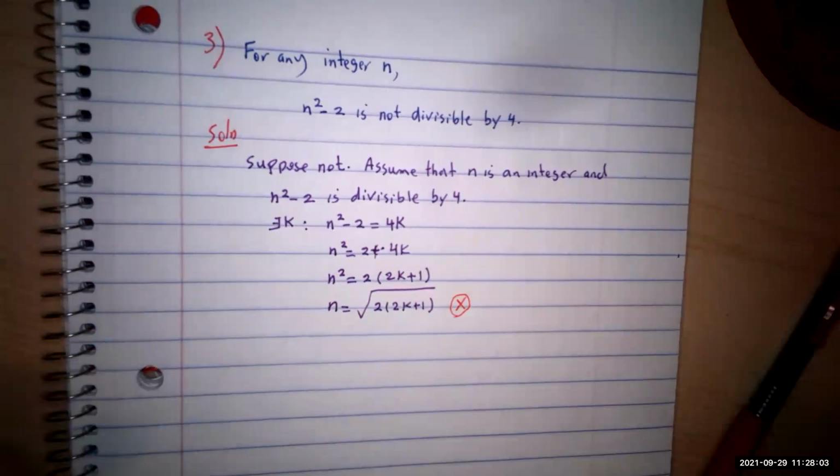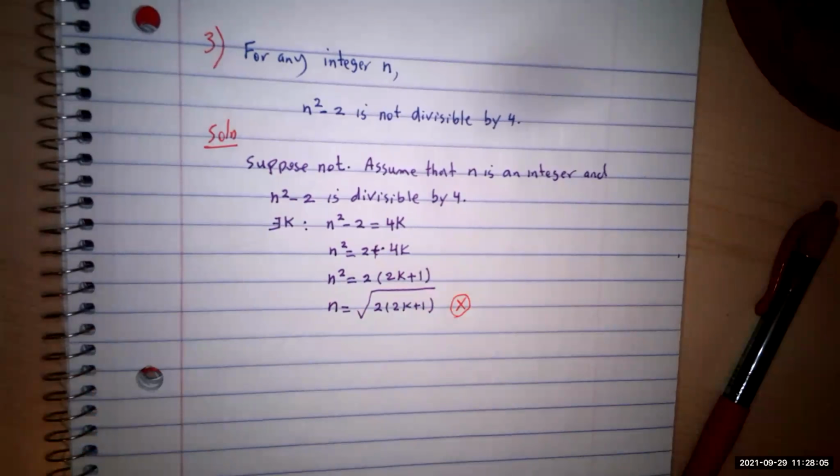Any suggestion why it's a contradiction? Remember, k is an integer. It's because it's not an integer, right? Why is it not an integer? Because it's a rational.